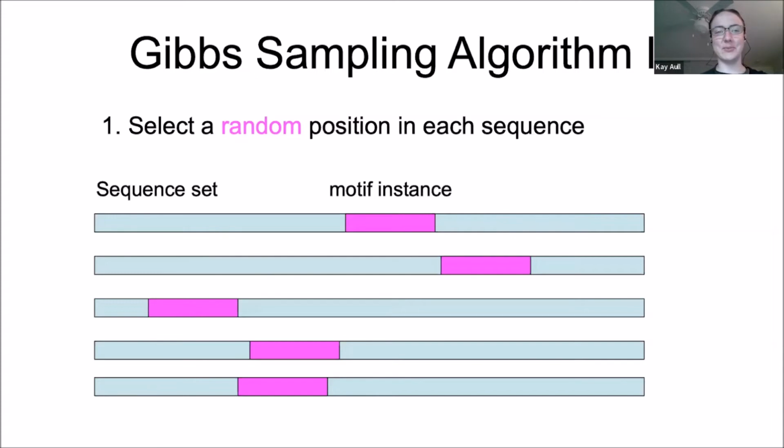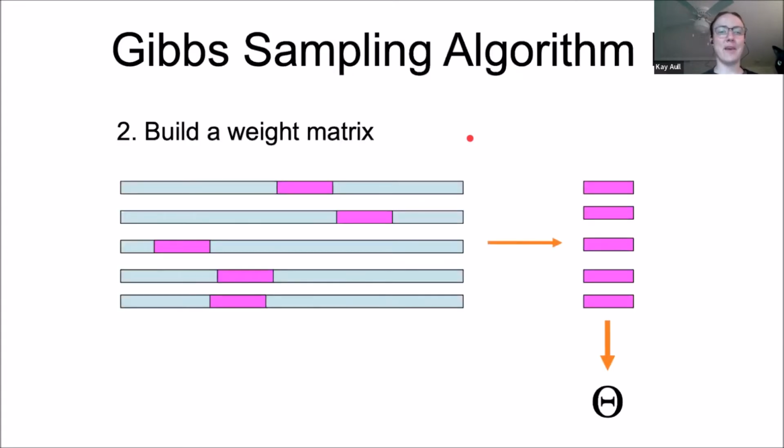And so you use sampling. What you do is you start with a random position in your sequences that you believe have a motif in there somewhere. You just take a chunk of it, and then you build your weight matrix. Say, okay, if these are actually motifs, what does my weight matrix look like?